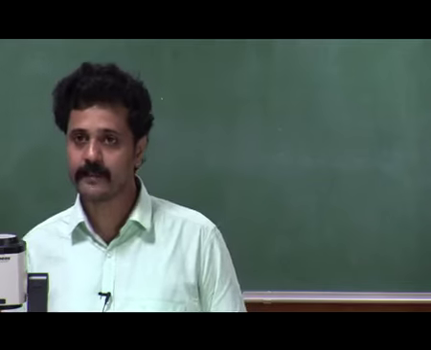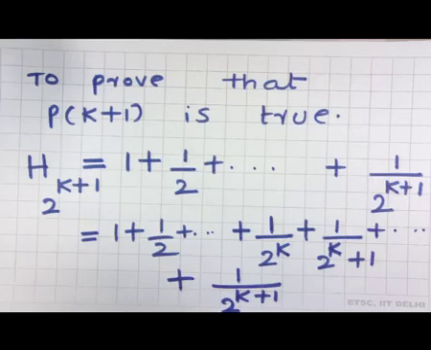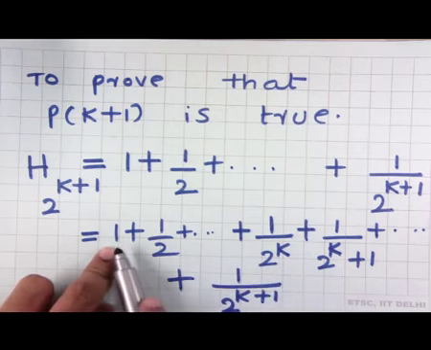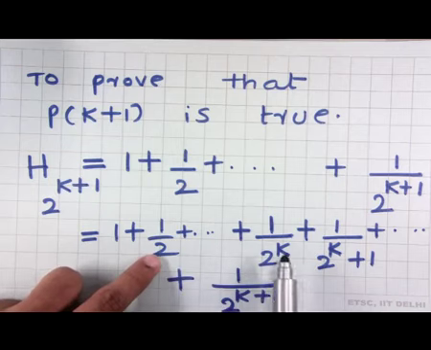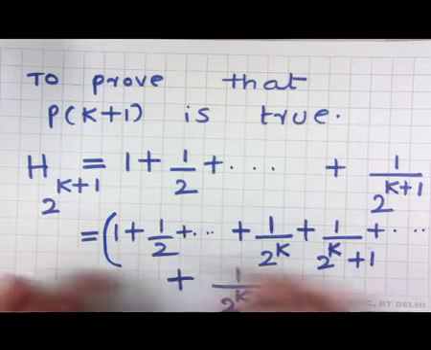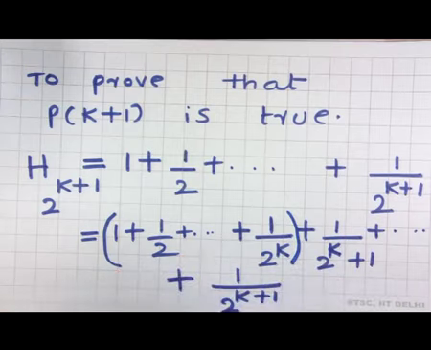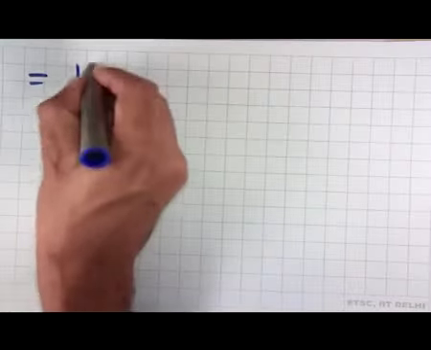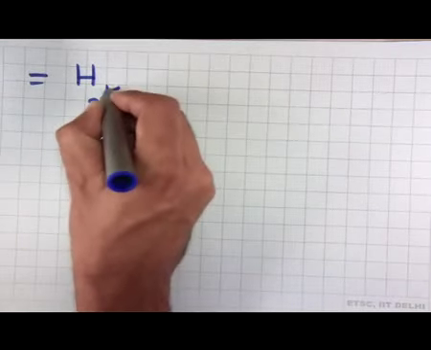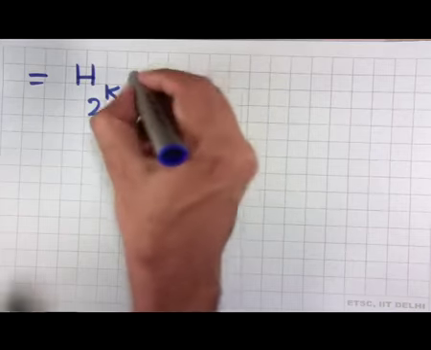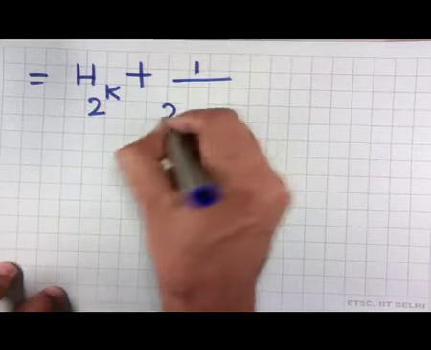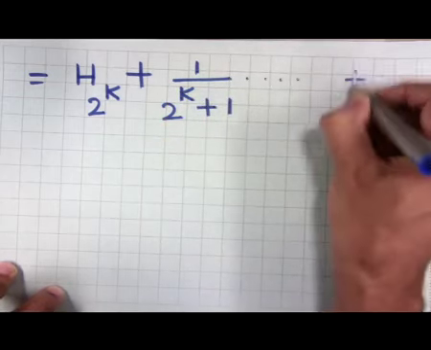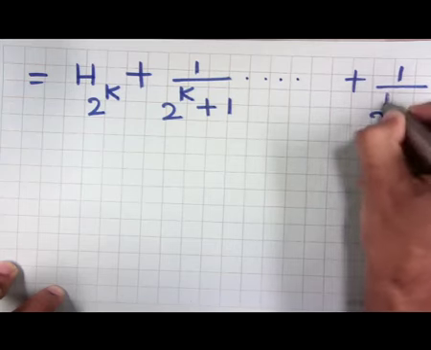Once you expand this sum in this manner, you can see that the first 2 power k terms, namely 1 plus 1 by 2 plus etc. plus 1 by 2 power k, is, let me put in parenthesis, h 2 power k. This is equal to h 2 power k, the 2 power kth harmonic number, plus the remaining term, let me write explicitly, 1 by 2 power k plus 1 and so on, 1 by 2 power k plus 1.